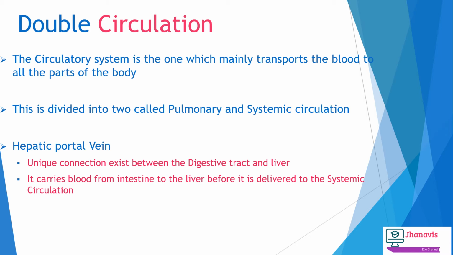The deoxygenated blood is collected with the help of the superior vena cava and inferior vena cava, and it is sent to the right atrium. This is called systemic circulation. That means the hepatic portal vein will also collect the deoxygenated blood from the intestine and take it to the liver before it reaches the systemic circulation.